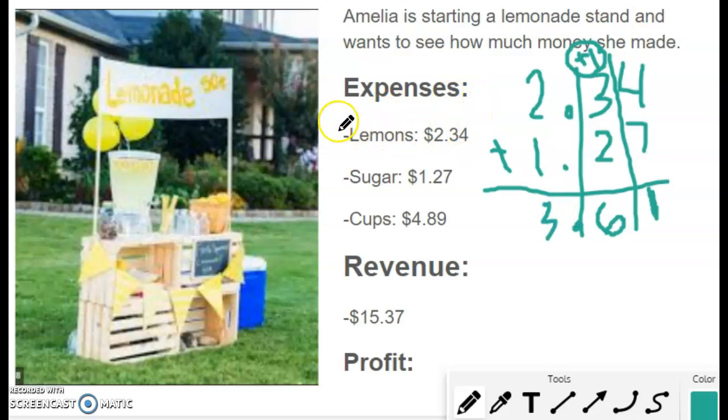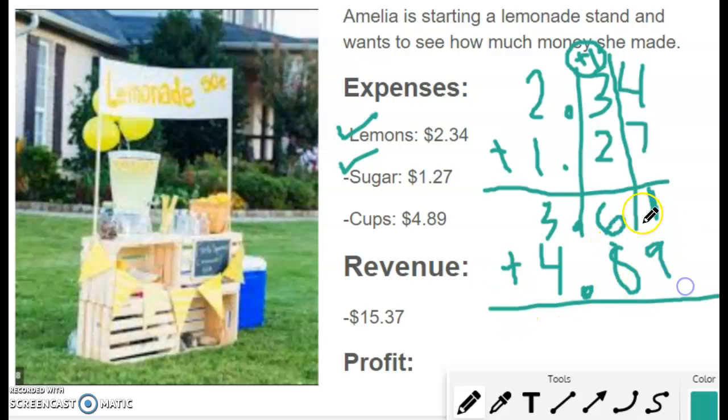So I've added the lemons and the sugar, and now I need to add in the cups. Notice, I'm adding them 2 at a time. I don't want to add more than 2 at a time just because it's going to get way too messy if I try and do that. So I'm going to add $4.89. I'm going to drag down my place value lines again. So 9 plus 1 is 10.